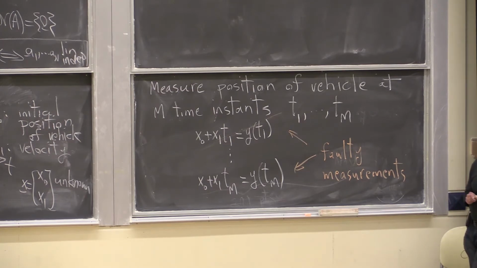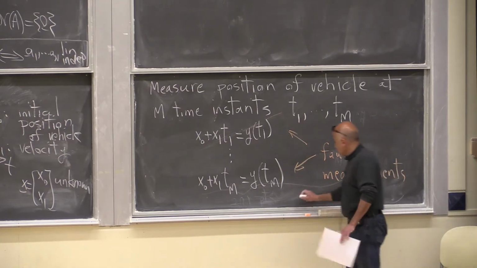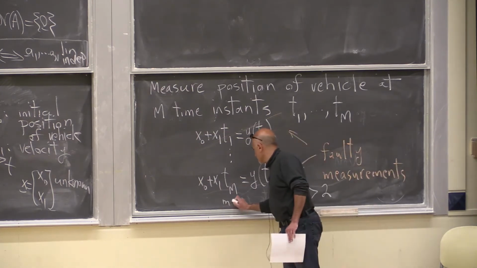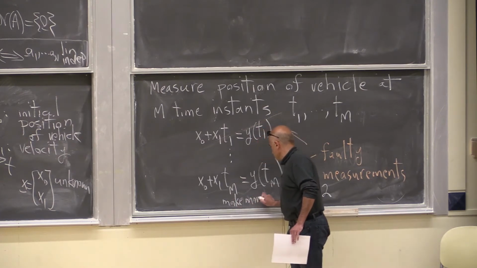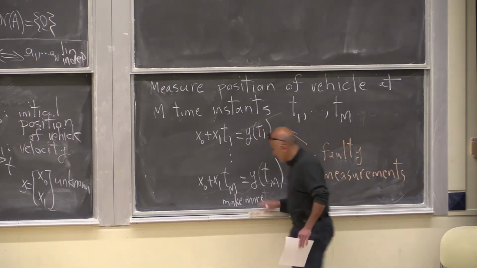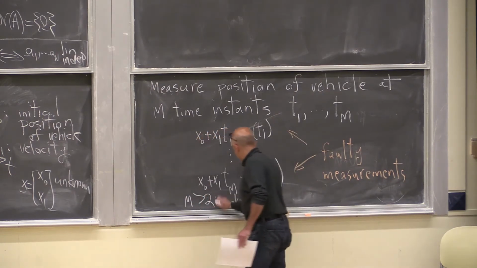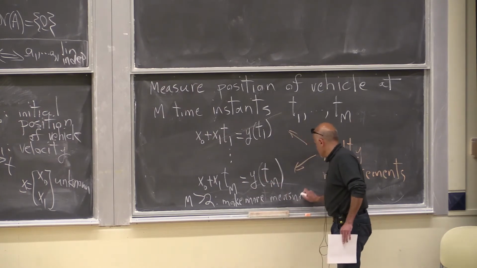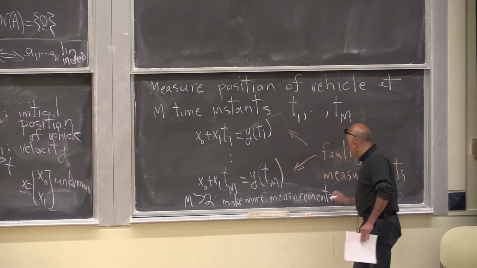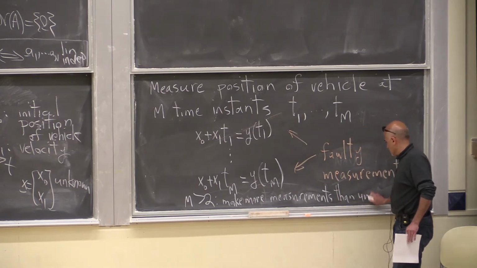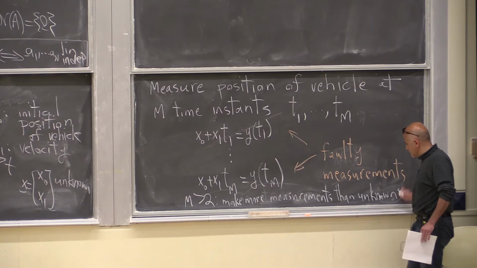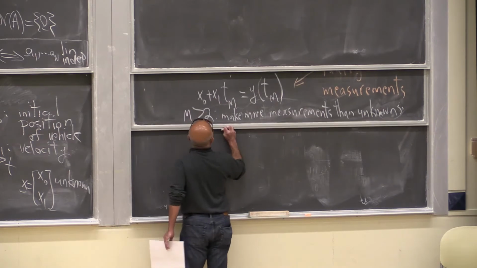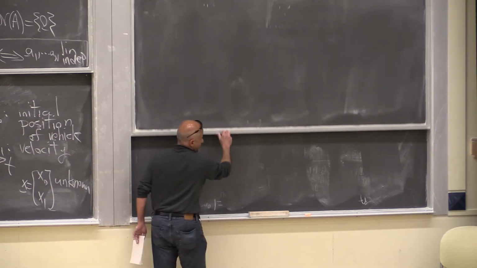So I make more measurements than I need: m greater than 2, more than the 2 unknowns. And then I try to find the best estimate.